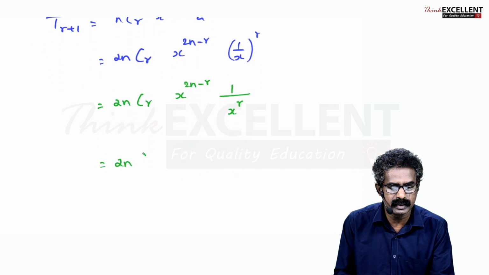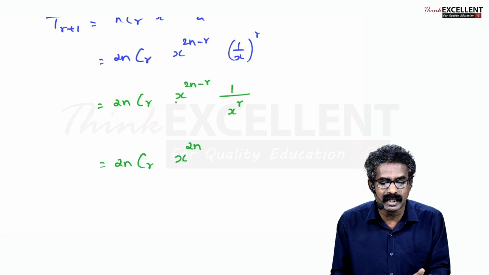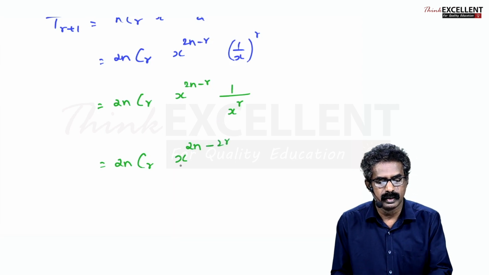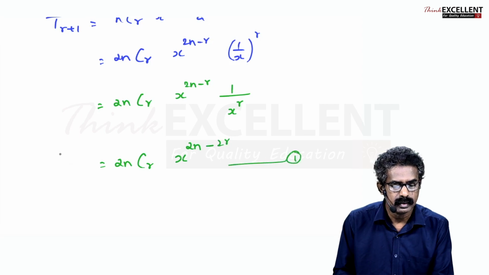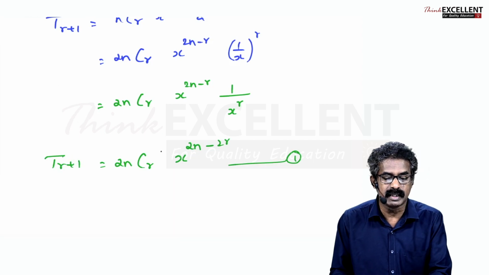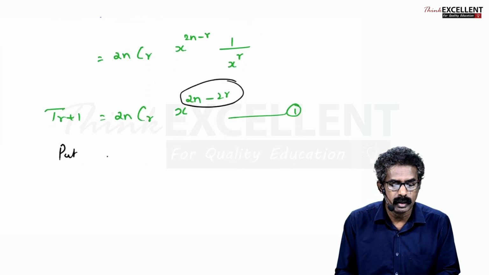So 2ncr x raised to 2n minus r, minus r, a raised to m by a raised to n, right? 2r you will get, minus 2r. So take this as equation number 1. Here they didn't ask you to take the middle term. The term independent of x, means equate the power with what? 0. So put 2n minus 2r is equal to 0.